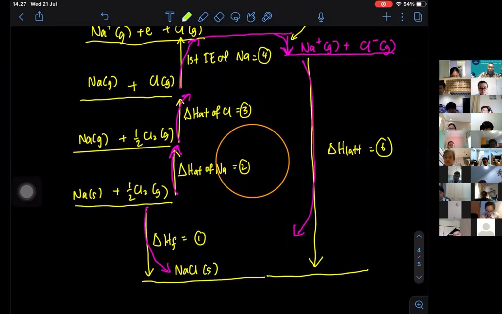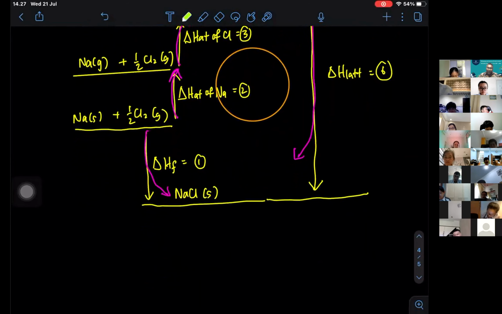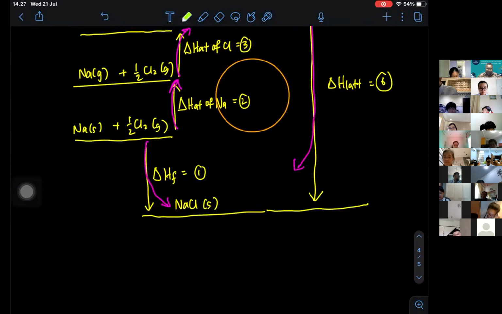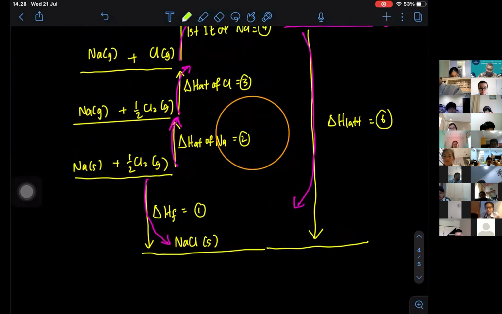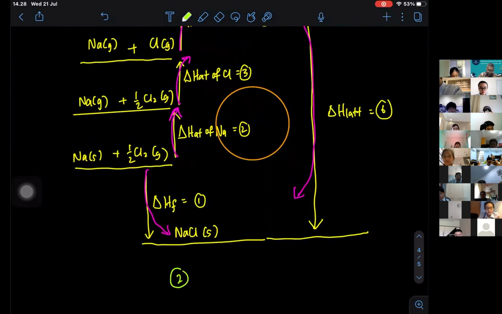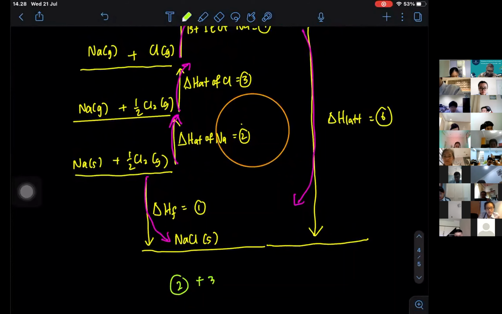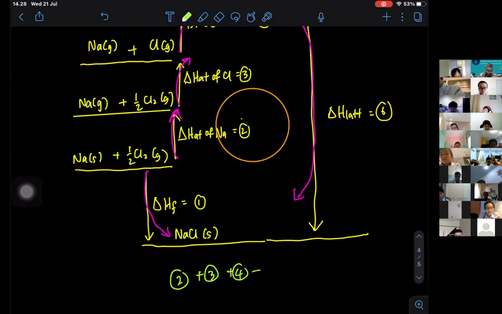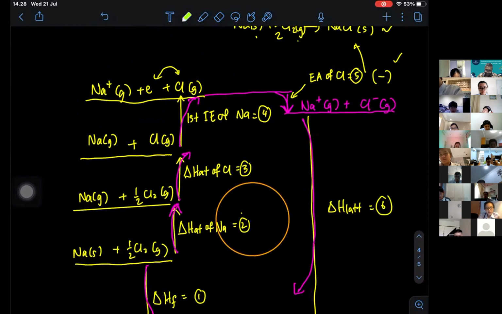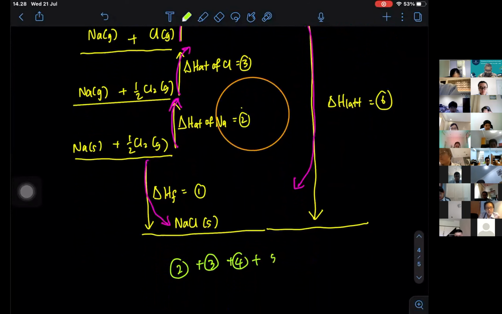So if I want to write this down according to Hess's law, clockwise it will be number 2 plus number 3 plus number 4 plus number 5, which is a negative value, but I'm just going to take the magnitude only.